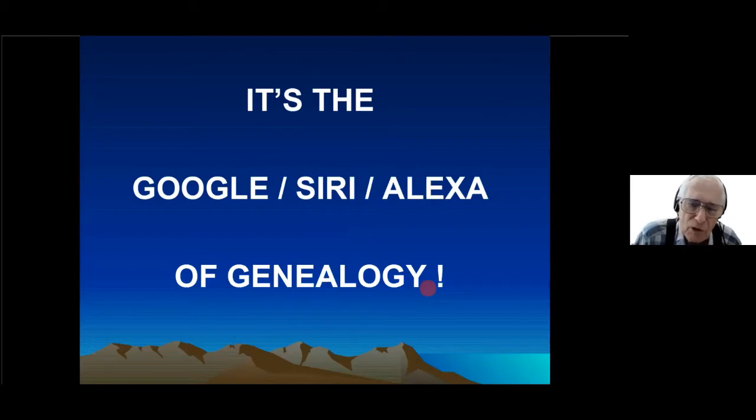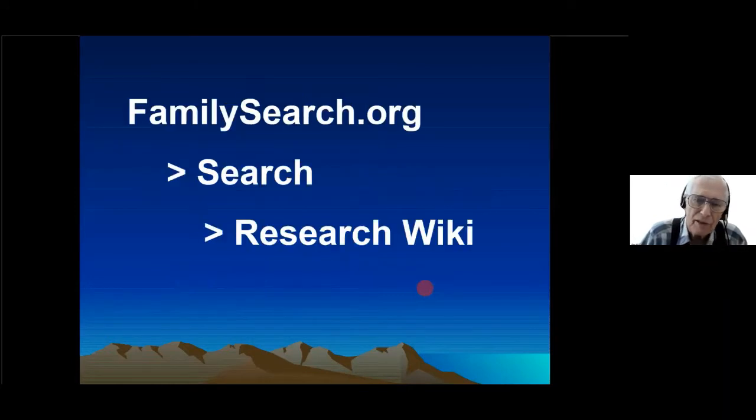This is the same sort of thing. You can even do it by voice if you want to, though most of the time I type it in. How do I find the birth records or the birth record index for California? And it'll show you immediately. It's exactly the same sort of thing that we're used to using in these other question-and-answer tools.